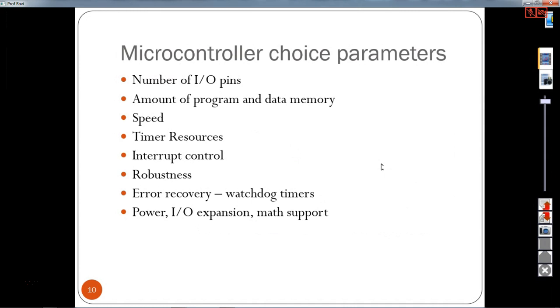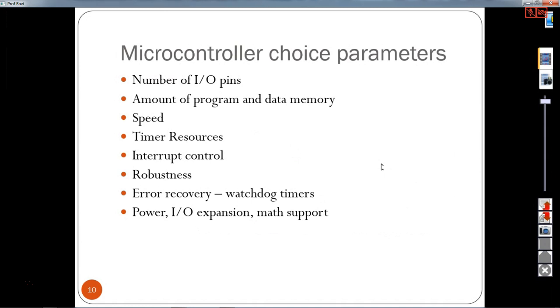In RISC, all instructions are single-cycle executed instructions, and instruction fetch and execute are pipelined, so you can operate at near clock rate instructions per second. You have two separate buses, one for instruction and one for data, so speed is more.